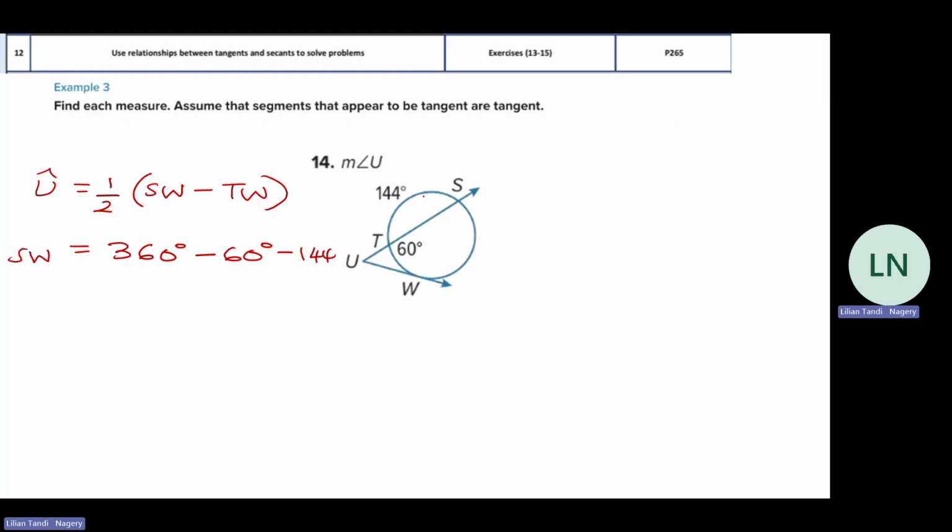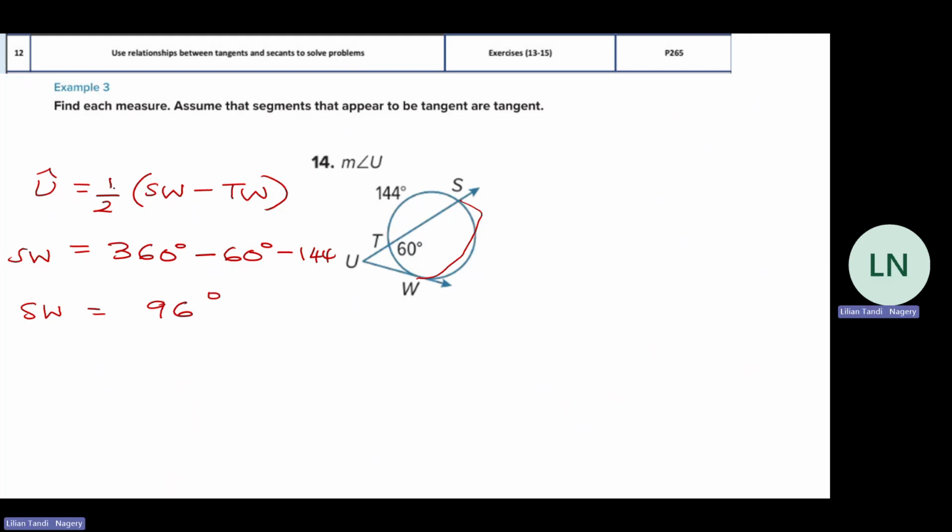For me to get from here to here, I must subtract 60 from 360 and then subtract again 144. Okay, so this should give me 96. So SW is 96, okay?